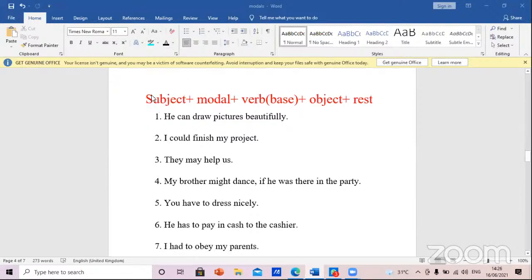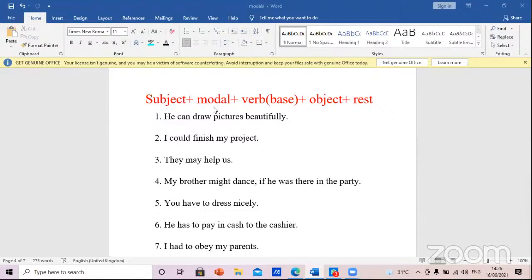If you want to say something using modals, the structure is this. You take the subject. The subject means the doer of the action, the person who does the action. In Sinhala we call it katru.